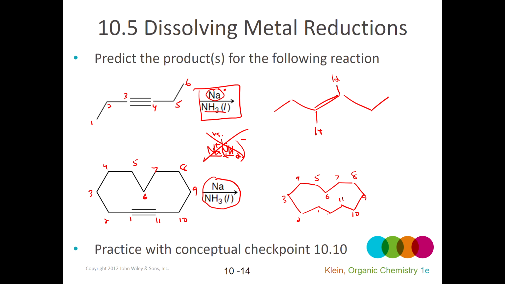Ignore that one. Let's connect these two. But if I show the bond between 1 and 11 like this, then it looks like it's a cis. So I didn't do that right. I need the hydrogens to be on opposite sides because of the way this mechanism produces the electron clouds on opposite sides. So I'll have to redraw that one. So I want to make sure that the bond between 1 and 11 is trans.